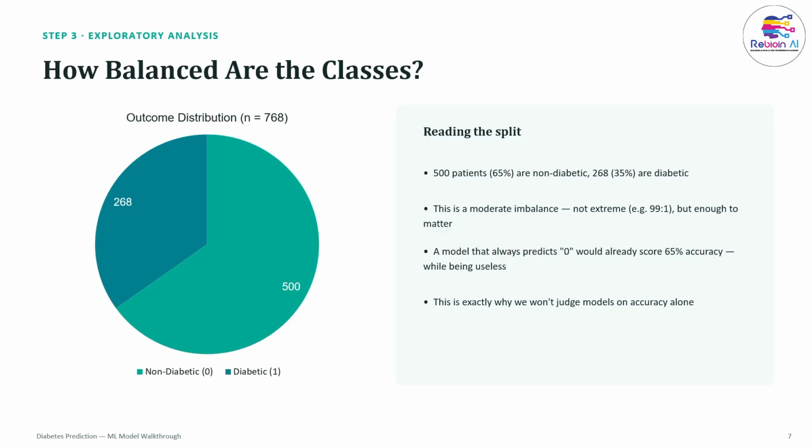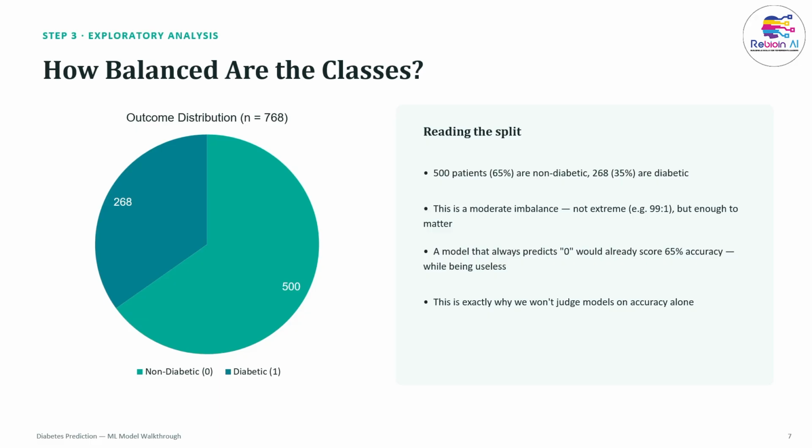Before fixing anything, let's understand our target variable. Out of 768 patients, 500 about, that is 65%, are non-diabetic, and 268 patients, that is about 35%, are diabetic. This is a moderate imbalance, not extreme like 99 to 1, but enough that it matters.